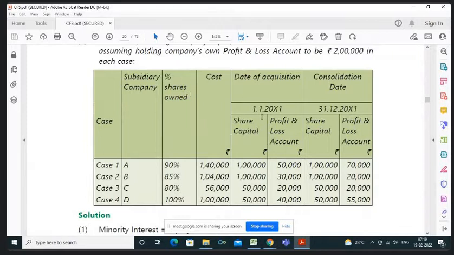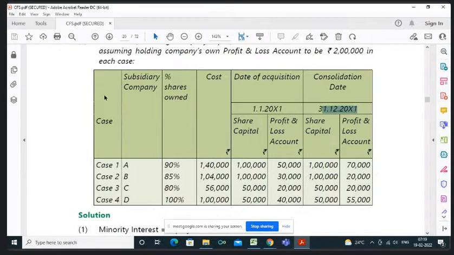Date of acquisition is 1/1/2011, and on that particular date the share capital balances were 1 lakh, 1 lakh, 50,000 and 50,000, and profit and loss account balances were 50,000, 30,000, 20,000 and 40,000. Consolidation date is 31/12/2011, exactly after 1 year. Again they give the share capital details, they haven't changed, and in the profit and loss account there is a change. They have become 70, 20, 20 and 55.